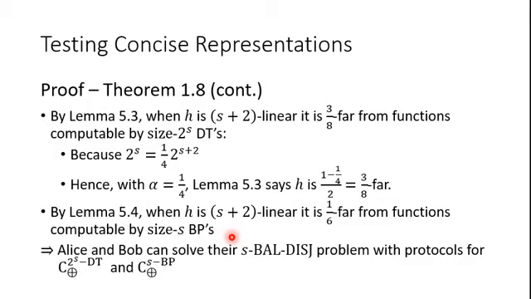And so therefore, in total, we know that Alice and Bob can solve their S-balanced disjointness problem using protocols for these corresponding communication games. Again, because if they do have an intersection of size 1, then we know that it is S linear, and when they don't have an intersection, when they are disjoint, we know that it is S plus 2 linear, and so therefore this is valid.